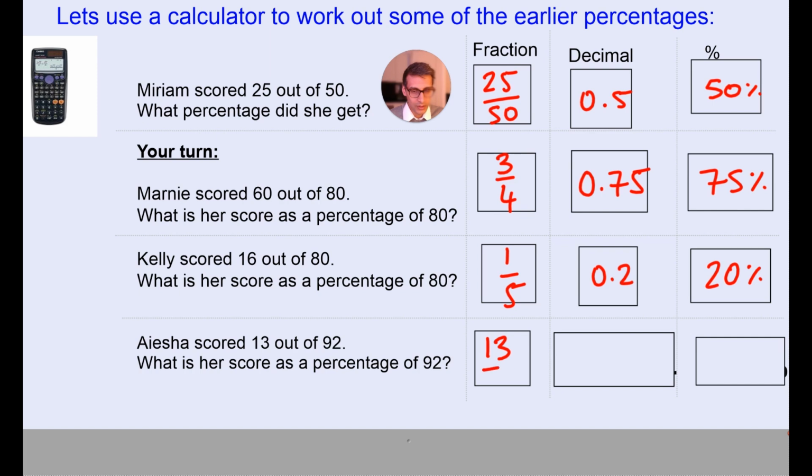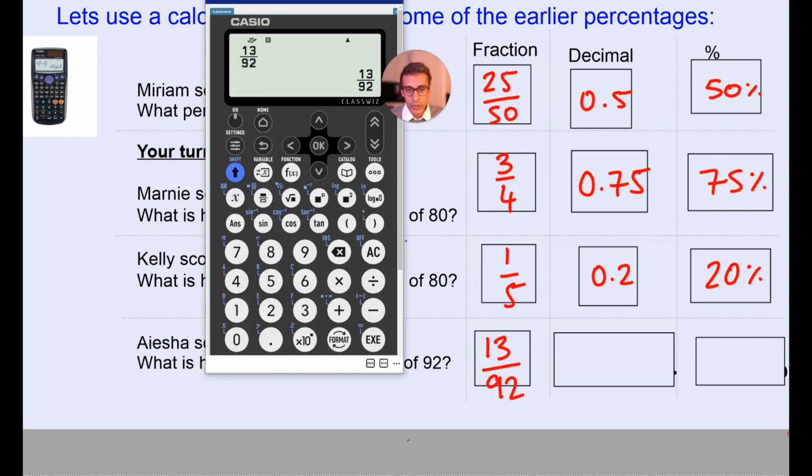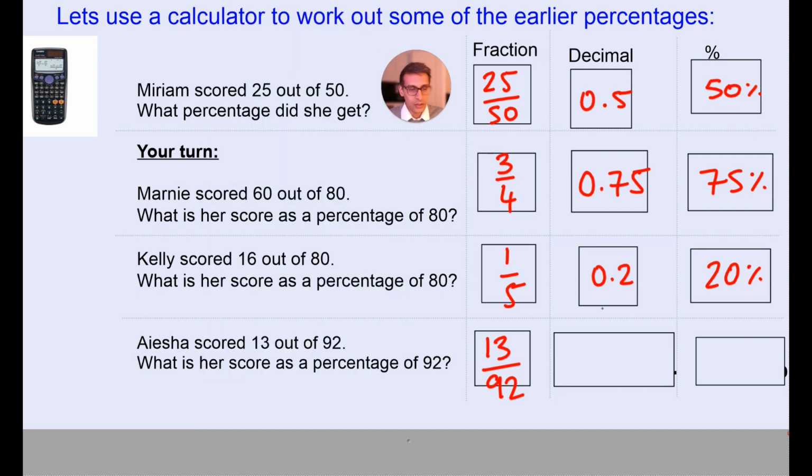So 13 over 92. As a decimal, we're going to press format, decimal, 0.1413. So we're going to round this a little bit. Usually you'd do 2. We're just going to do a few more today.